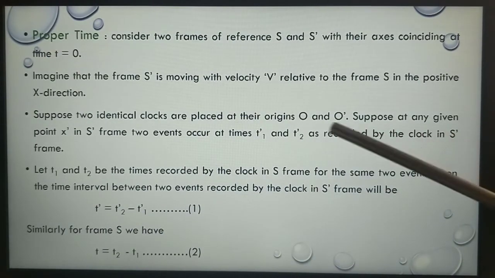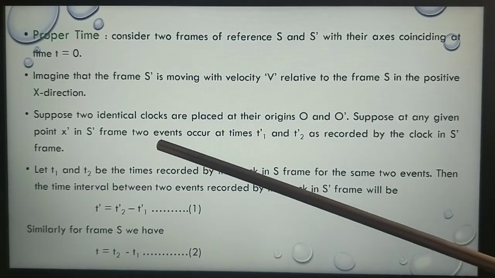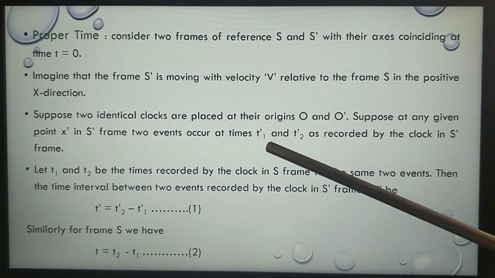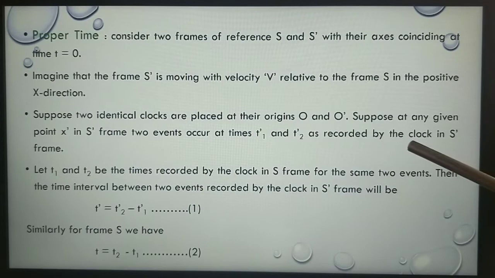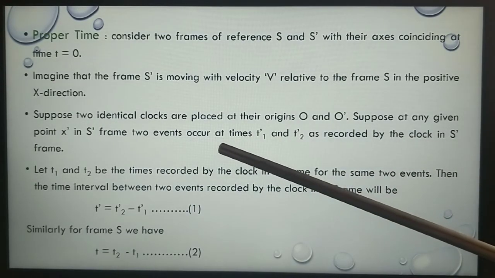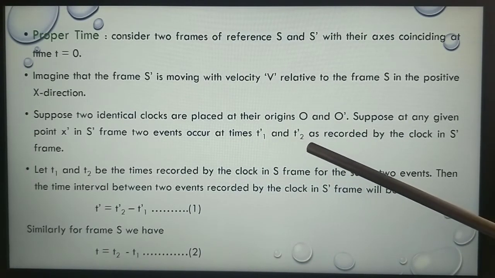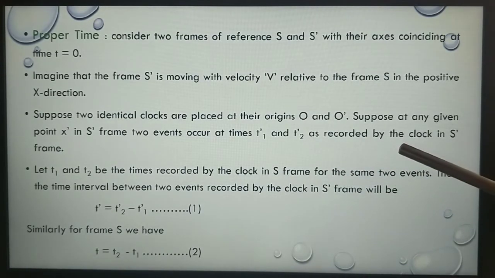Suppose at any given point x dash in the S dash frame, two events occur at times t1 dash and t2 dash as recorded by the clock in the S dash frame. That means two events are occurring at the times t1 dash and t2 dash, and these are recorded by the clock which is placed in the frame S dash.